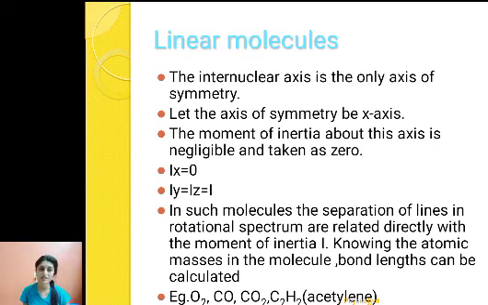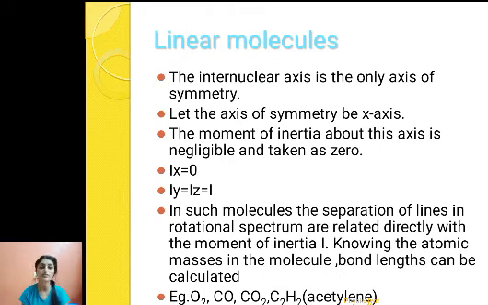The moment of inertia about this axis is negligible and we can take it as 0. So in the case of linear molecules, Ix equals 0. That means the principal moment of inertia along the axis of symmetry is 0. And suppose the moment of inertia about the y-axis and z-axis is constant, equal to I.